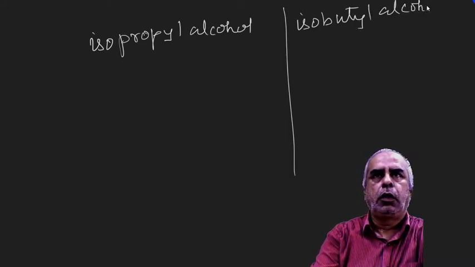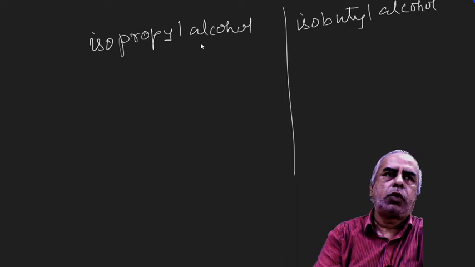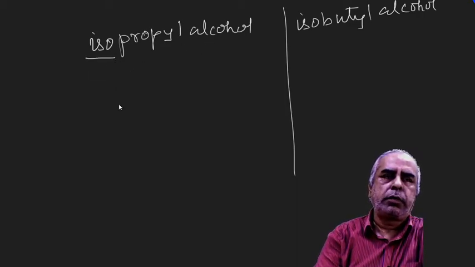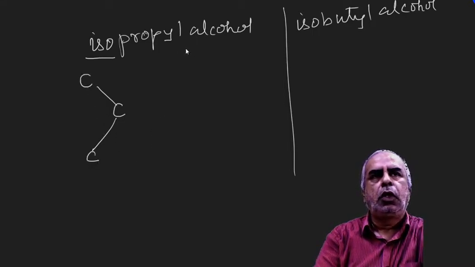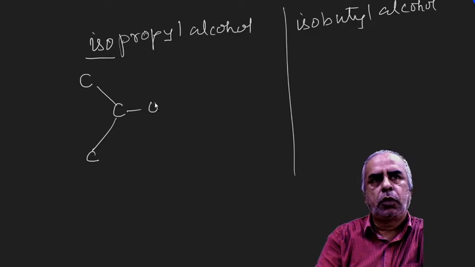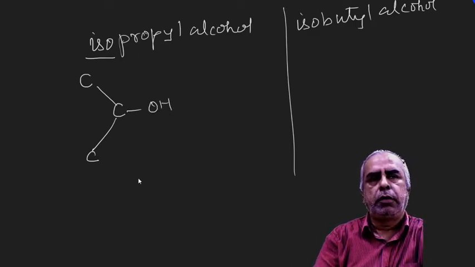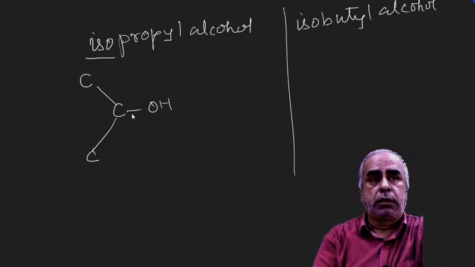These are all trivial names. Isopropyl alcohol: iso means evenly branched, and prop means three carbon atoms, 1, 2, 3. Then I put alcohol, that's all. Now fill it up with hydrogen.